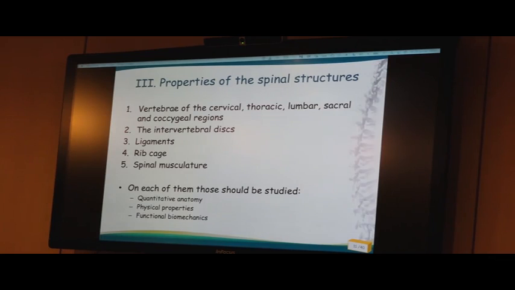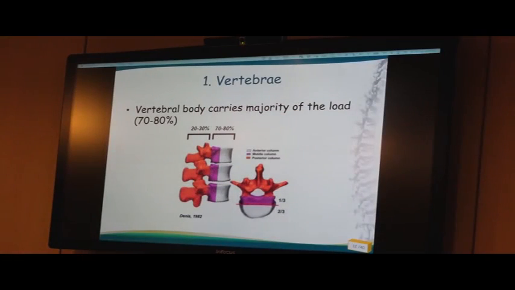Maybe we need 10 lectures to cover all of them. So I will just give some small examples how they affect our surgery. As you know, much of the load is carried by the vertebral body, and facet joints carry less load. This depends on your posture and also the region, on cervical, thoracic, and lumbar.